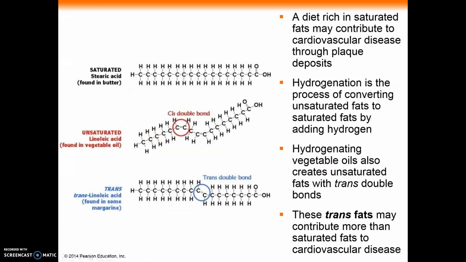Now, you may have heard of trans fats. What trans fats are is simply an unsaturated fatty acid that has a trans conformation around the double bond. So instead of having both chains coming off the same side, they're off opposite sides. This is actually something that is not typically found in nature.